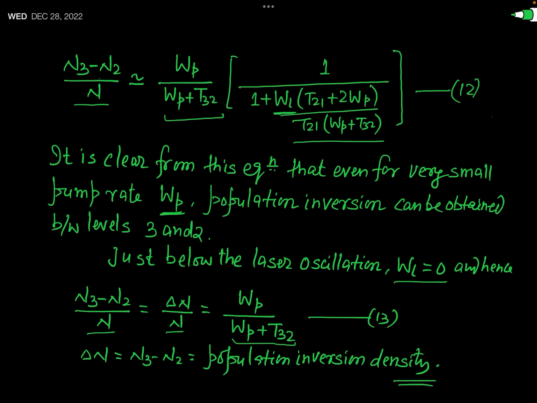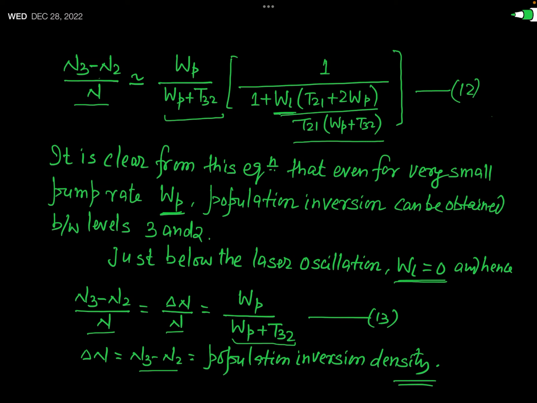This delta N, which is N3 minus N2, is the population inversion density. It means how many more atoms there are in level 3 per unit volume with respect to the second level. You can calculate this from the result during the laser oscillation when WL is equal to 0.